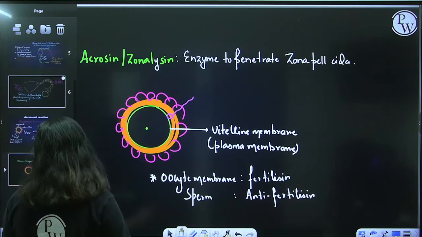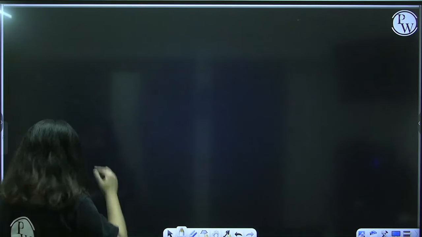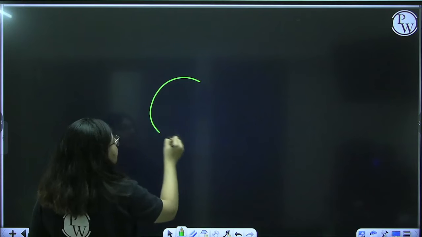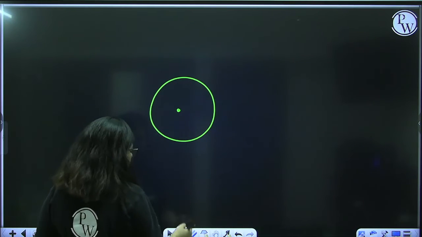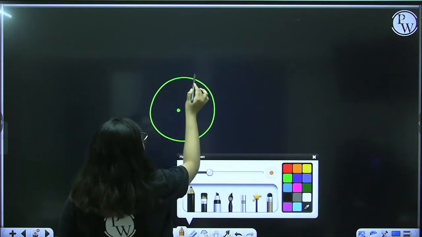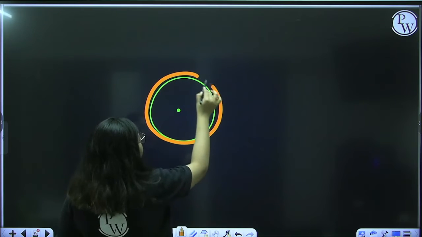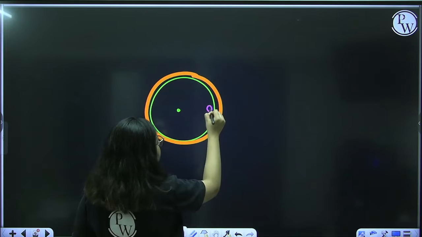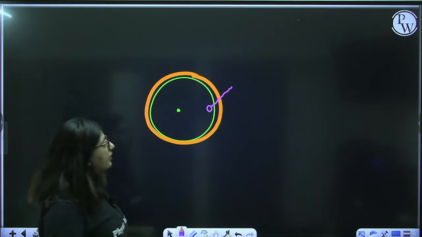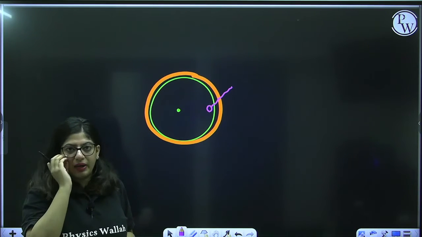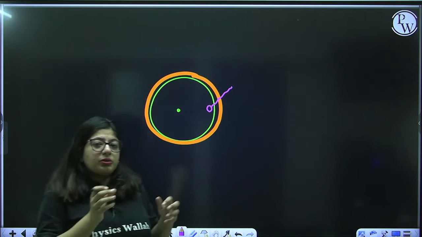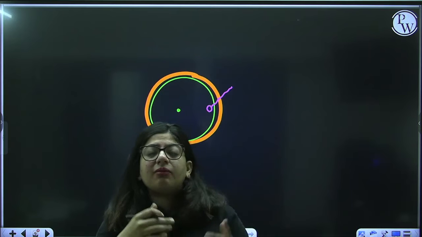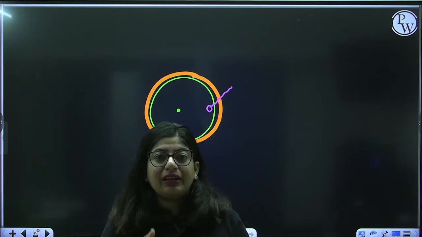Now what happened next? Let's see. So here, this is vitelline membrane, this is oocyte, this is zona pellucida, right? Now sperm has entered inside the cytoplasm. Okay, now you can see the sperm has entered inside the cytoplasm. So as soon as sperm touches the cytoplasm, the metabolism of the egg enhances.